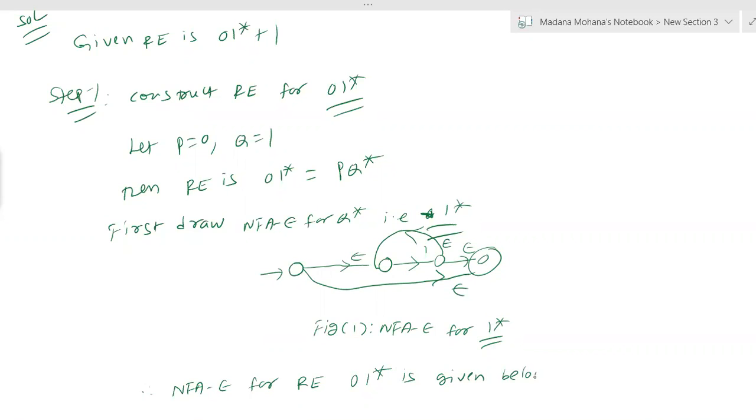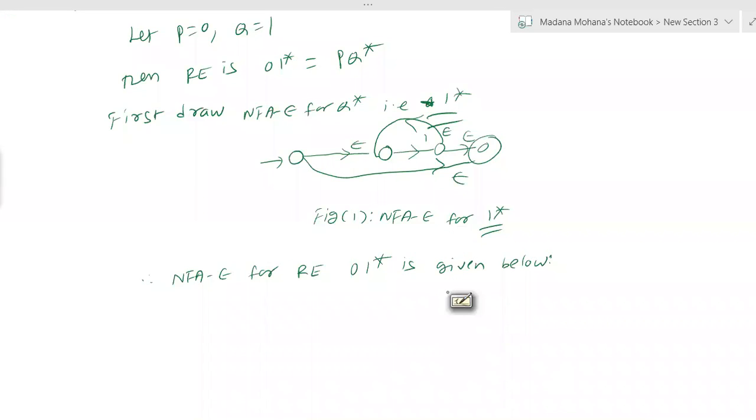You can combine these two. First, you can draw the 1 closure as it is. So now with epsilon, there is 1 with epsilon here, from here to here 1 epsilon, from here to here 1 epsilon. So let us assume this is some Q, then P. PQ concatenation. So concatenation means again you have to take 1 epsilon between.